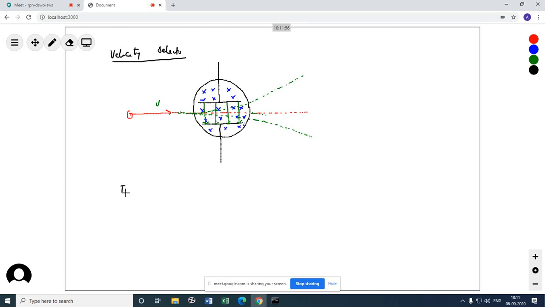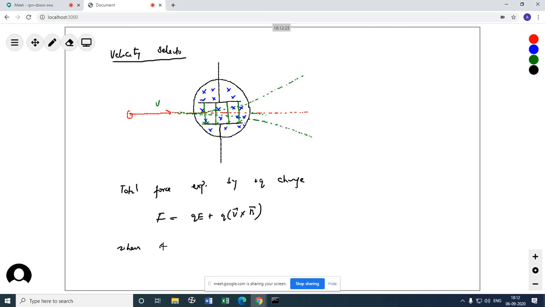So the total force experienced by the positive charge, by the plus q charge, will be F equals qE plus qV vector cross B vector, right?